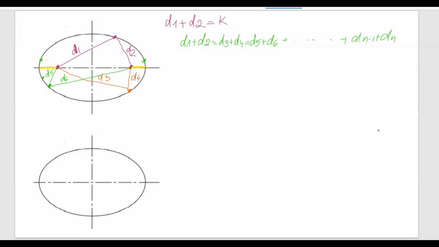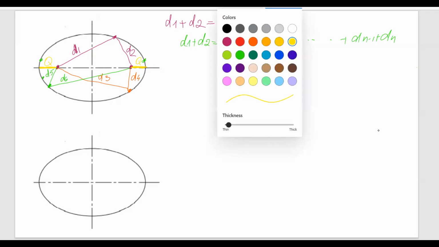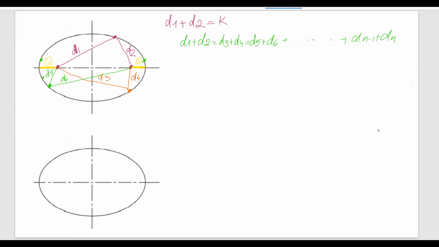And let's call this Q. And then let's also take this distance in purple, the purple distance, and let's call it P for the sake of it.